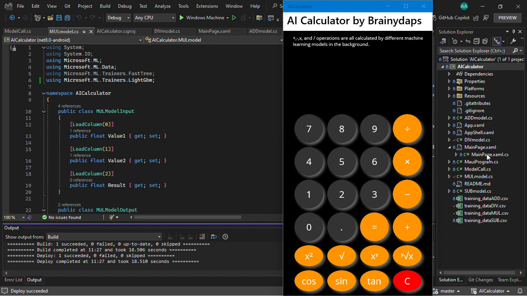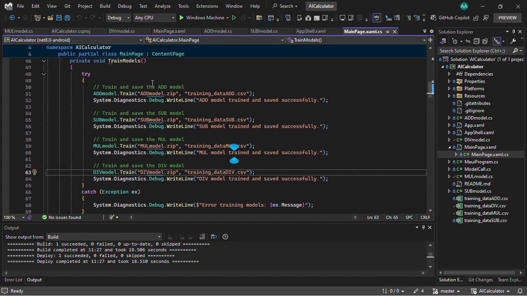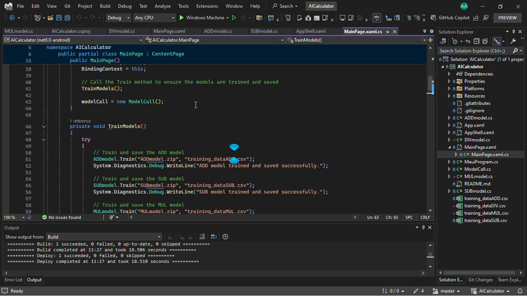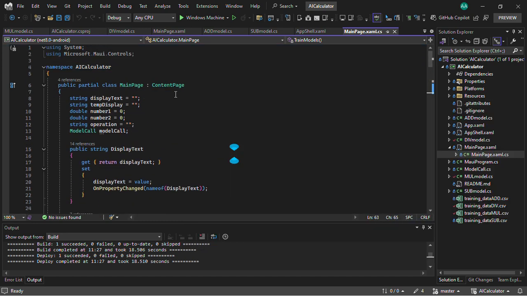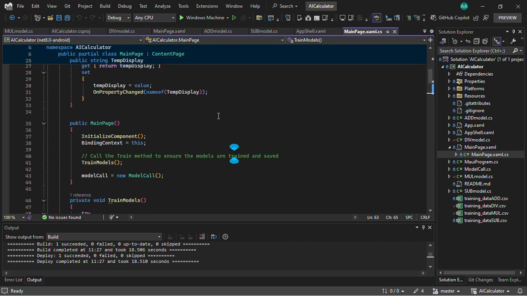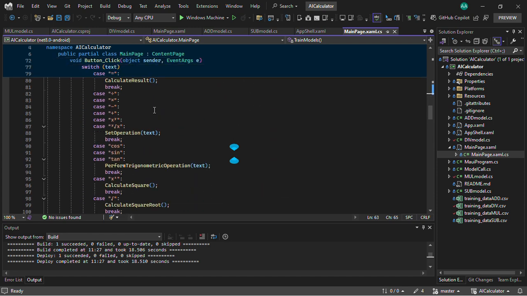But I took a different approach in this case. Instead of using the usual math library to make calculations, I trained an AI using machine learning techniques for addition, subtraction, multiplication, and division.